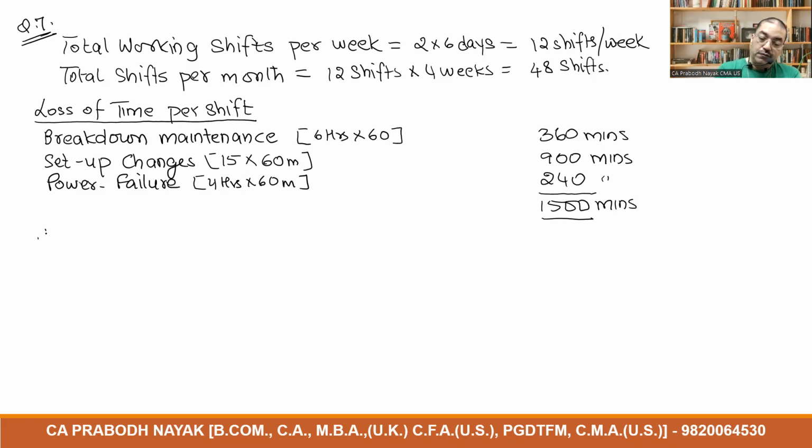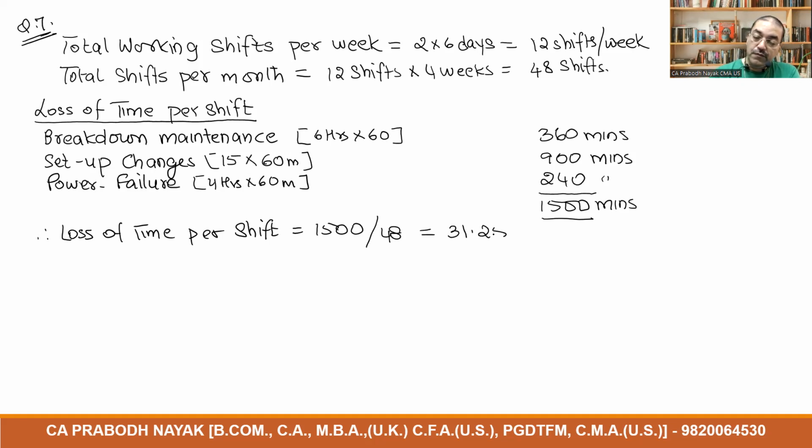Therefore, loss of time per shift is equal to 1,500 minutes total divided by 48 shifts, which is 31.25 minutes per shift.